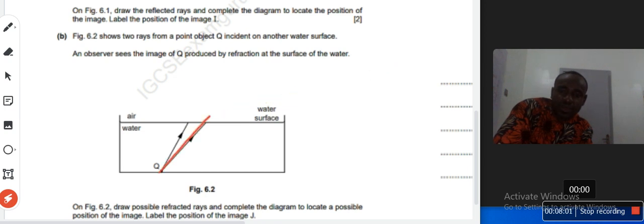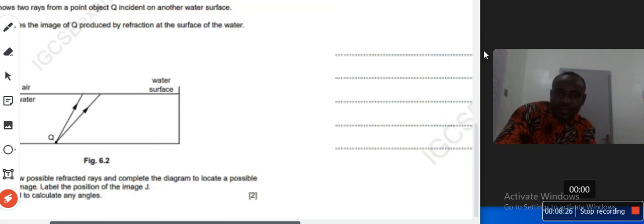So this one will bend away from the normal. This one will also bend away from the normal, but they will never meet, and the lines will appear to be coming from a particular point where the virtual image is formed. And that virtual image is the apparent depth of Q, where this position is the real depth. Where the virtual image is formed is the apparent depth. We have discussed this in the previous lesson.